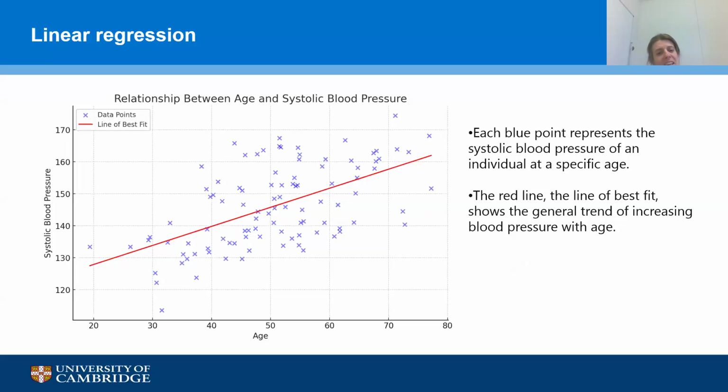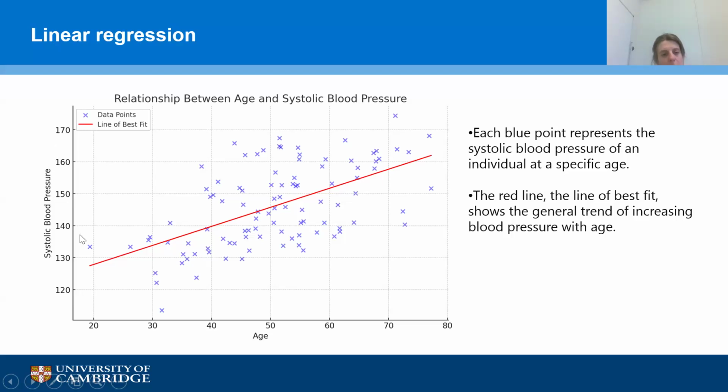Here is an example. Let's start to explain what this is and how we interpret it. So here is the age over time. We have people that are 20, 30, 40, 50, 60, 70, 80. This is our age, and this is our x-axis. And here is the systolic blood pressure of people, and this is our y-axis.